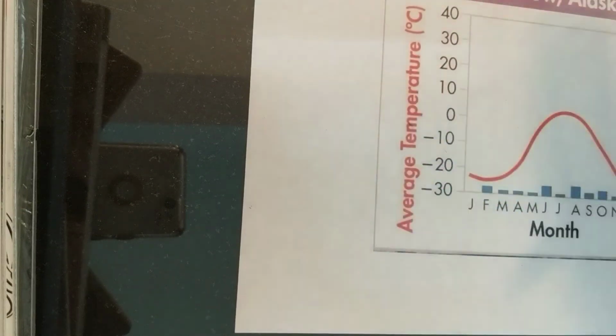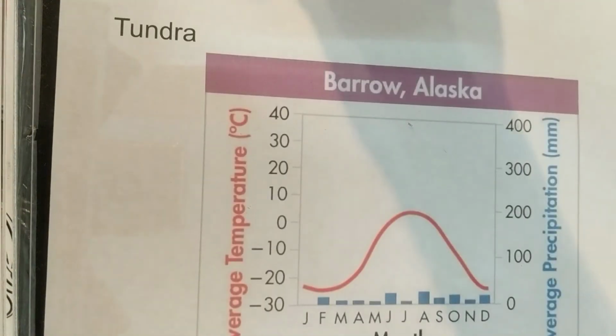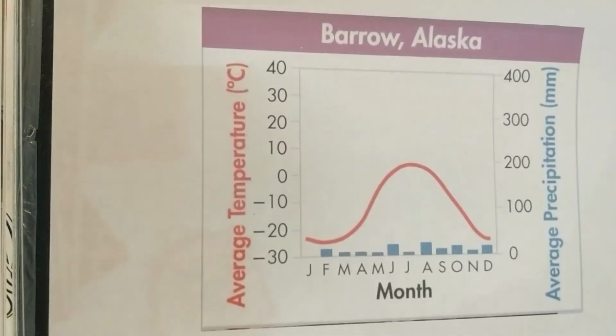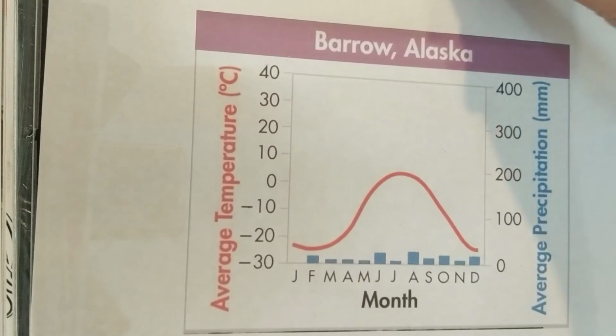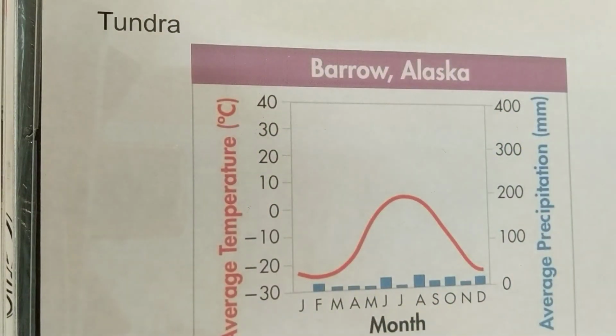And last, we're going to take a look at a tundra habitat. The tundra is typically found up in the Arctic region. You can see Alaska is quite north on a map.